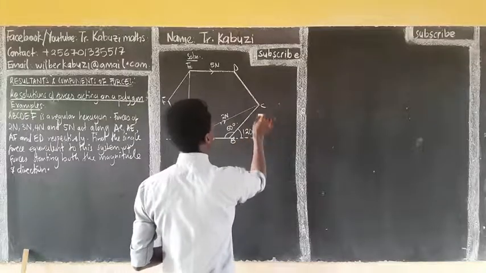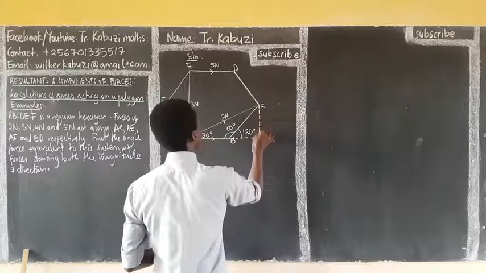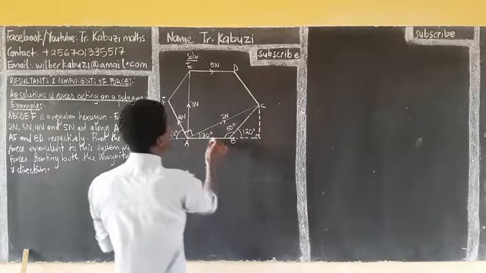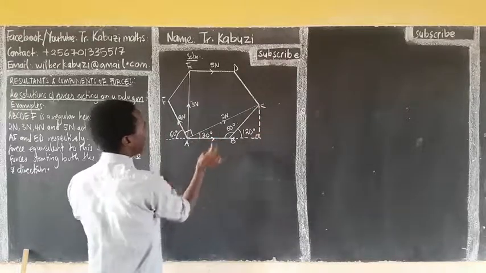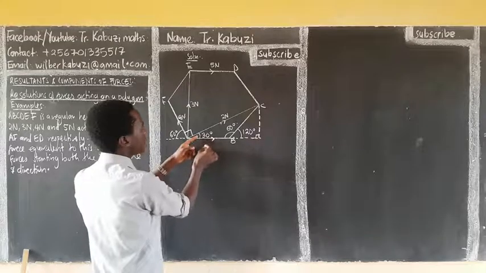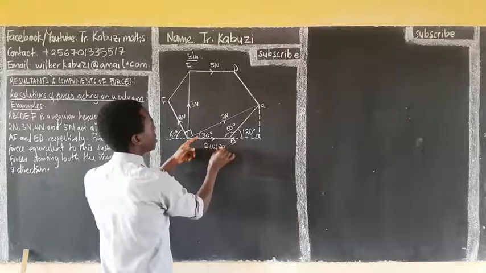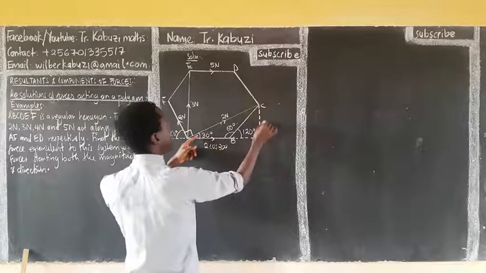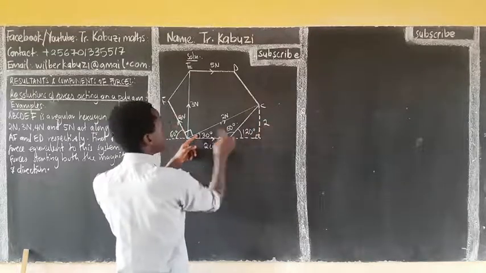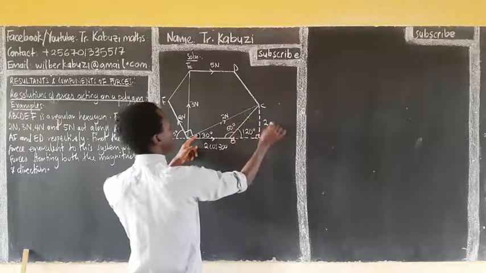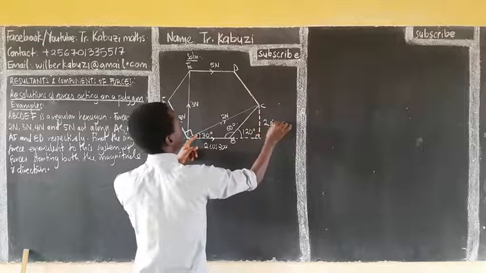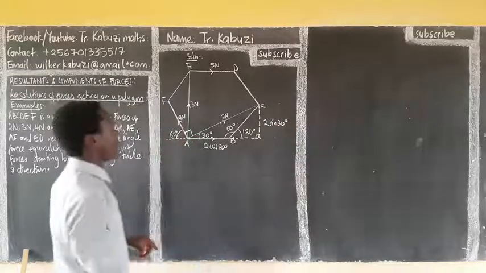Resolve this. You see that this one is adjacent to this, so we get the force which is 2, then cos 30 degrees. Then this one is going to be opposite, so we get the force which is 2, then opposite goes with sine 30 degrees.